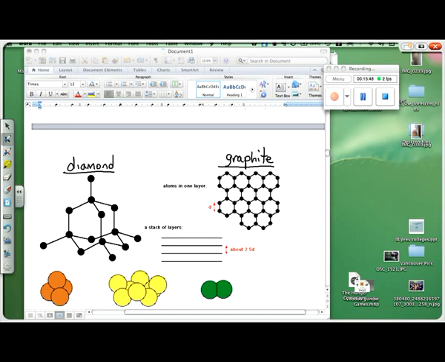If these two atoms are d distance apart, then the layers should also be that same distance, but they're not. It's like 2.5. So the attraction between the layers is rather weak, and therefore the layers slide off one another, and that's how we can write with graphite.